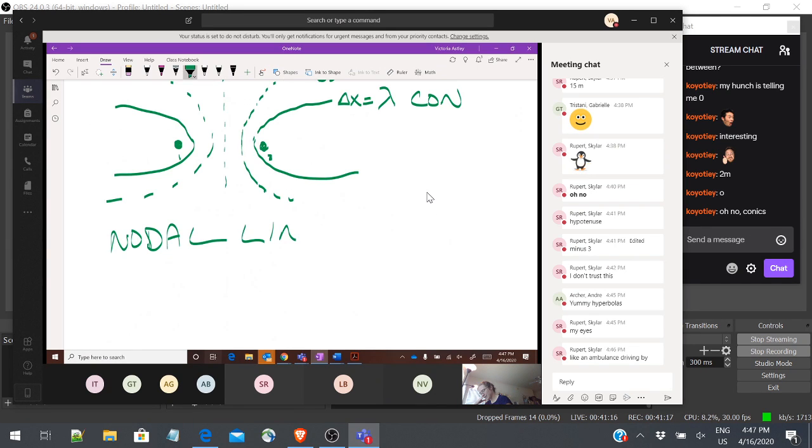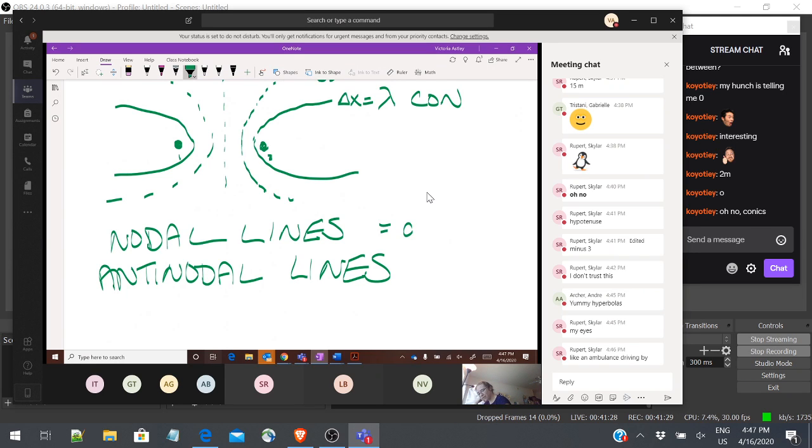So in our little video, this would be an antinodal line. I think it shows you. It'll draw some arrows in a second. Where are the arrows? There they are. Aha.